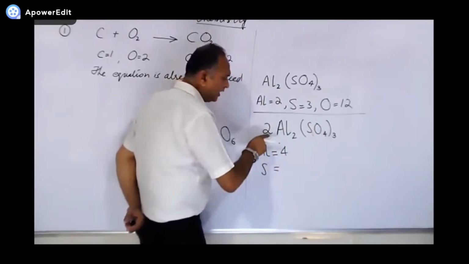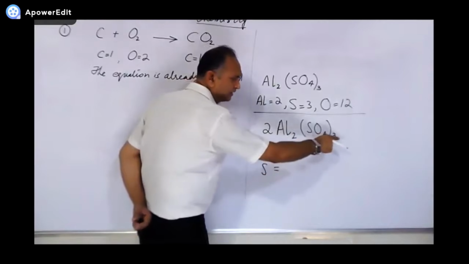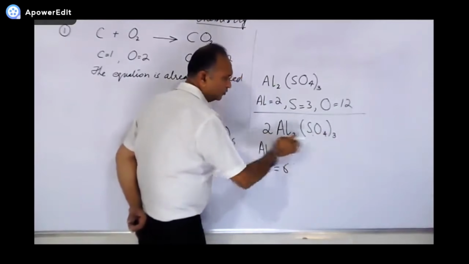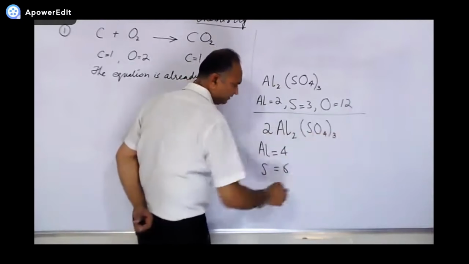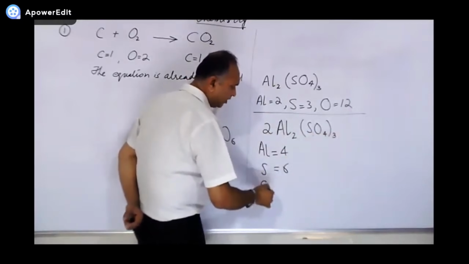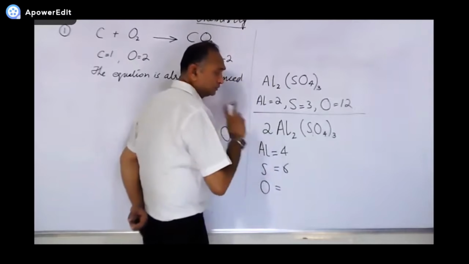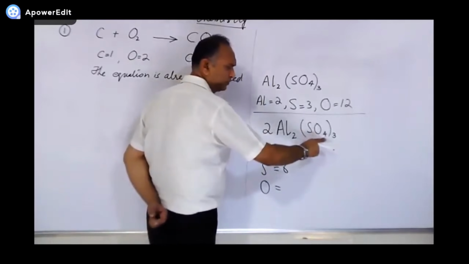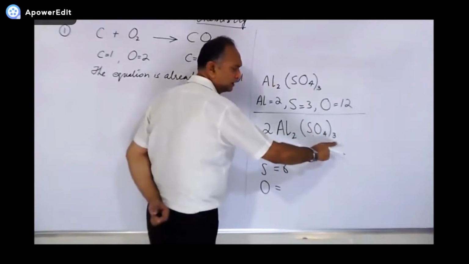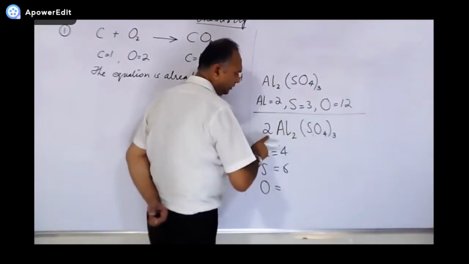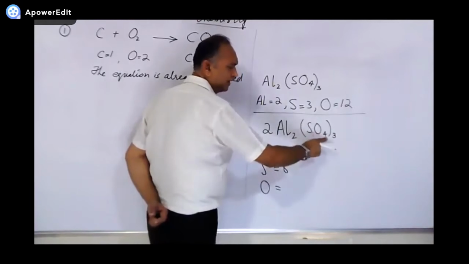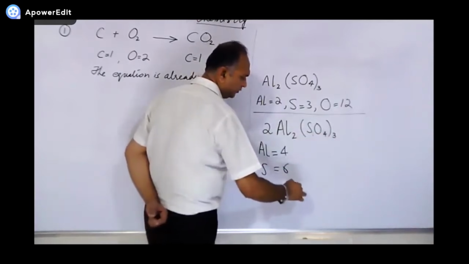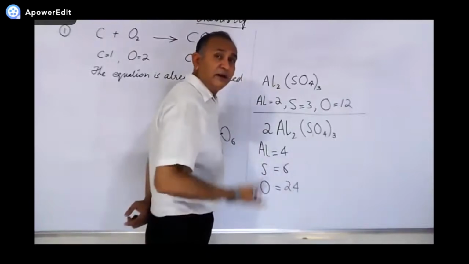So you will multiply 2 1s are 2, and then 3s are 6. And finally, the oxygen. What will you multiply? 2 by this subscript and then by the next number. So it will become 2 4s are 8, 8 3s are 24. Revision.